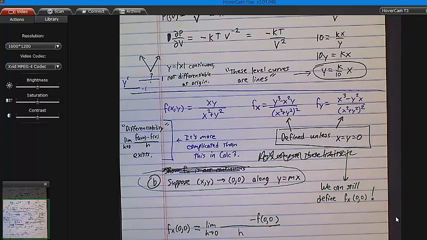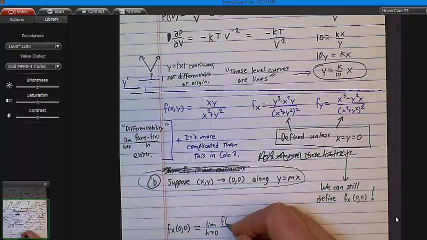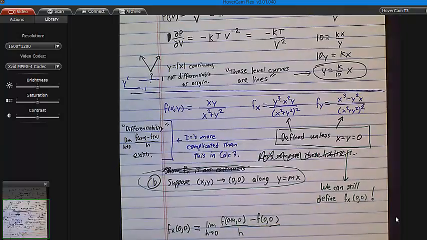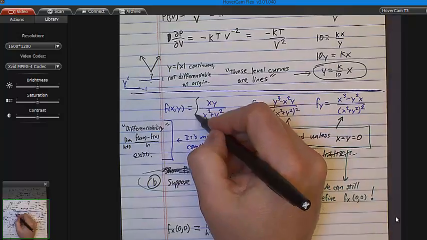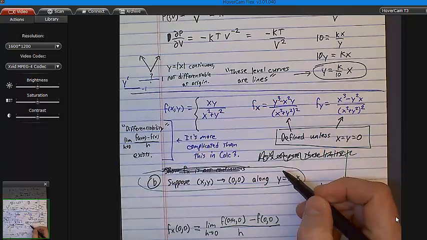And then here I have f of 0 plus h comma 0. Now you might say to me, hey Paul, f of 0, 0 is not defined. Oh, but wait a minute. At the very beginning, we decided to define it. Remember?